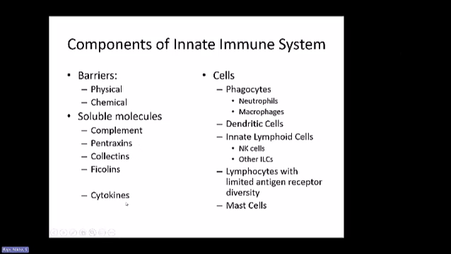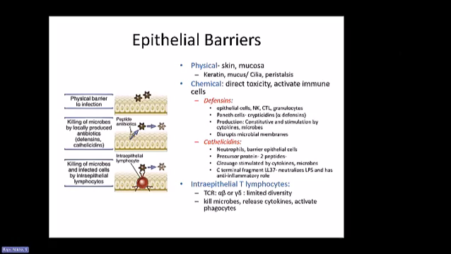We'll talk about cytokines and various cells of the innate immune system. Let's talk about the barriers. So the physical barriers provided by skin and mucosa. There can be a layer of keratin or mucus, cilia on the surface, and the peristalsis of that mucosa itself can provide a physical barrier.